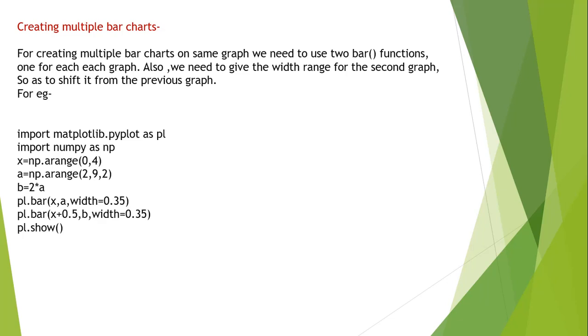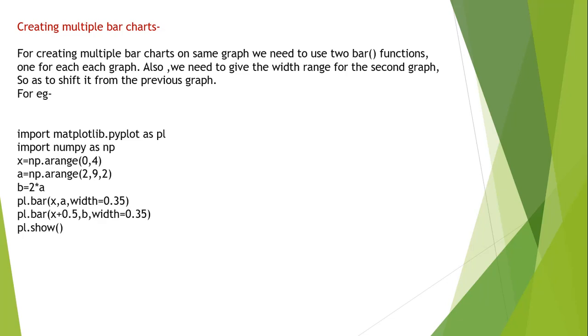Now see, if you look at these lines carefully, the first bar function is used with x, a, width equals 0.35. So the graph has been plotted for x and a and the width is given 0.35. But for the second bar function, we have written x plus 0.5.